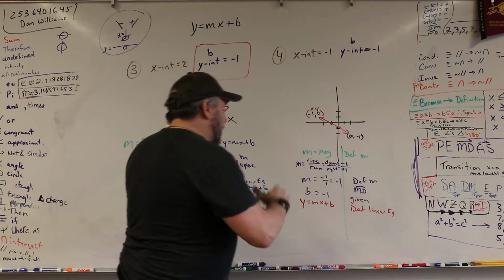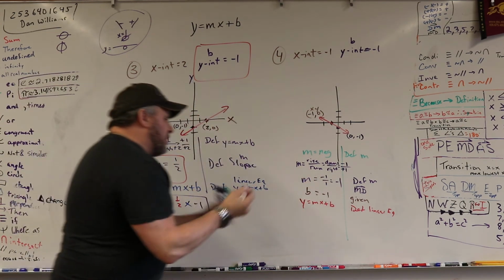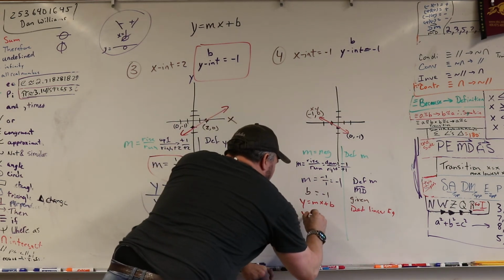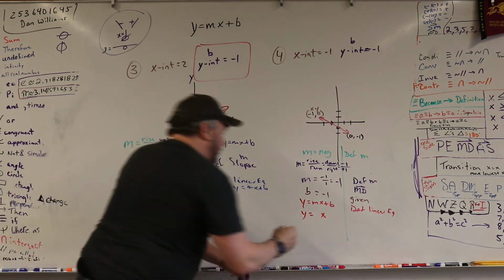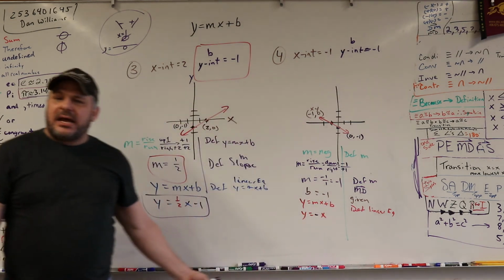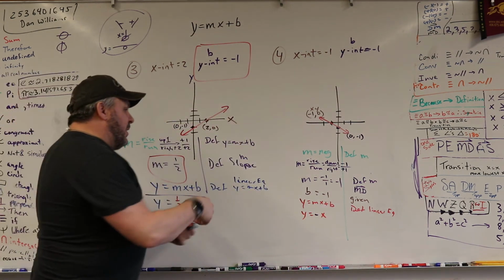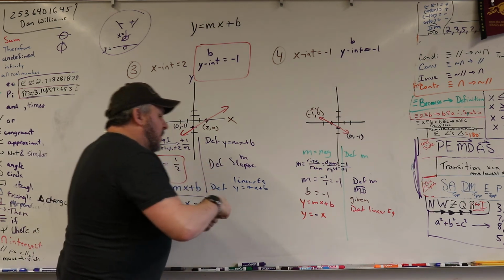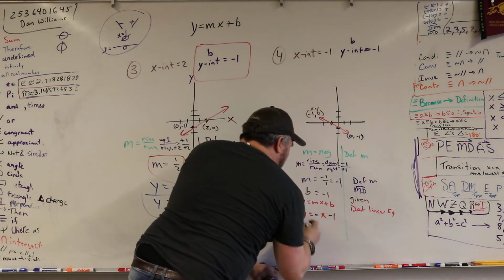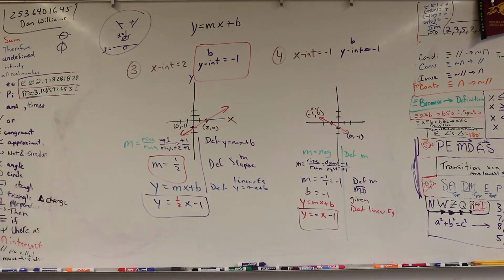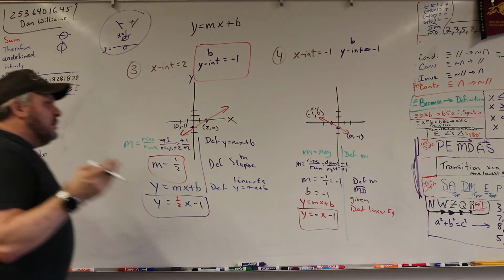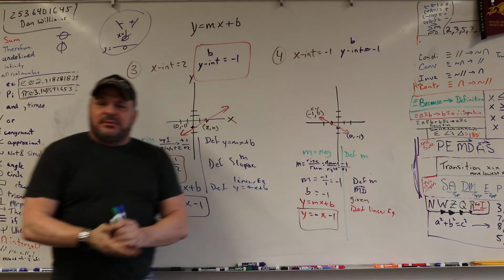Okay? Now, all I do is I plug in m. So I'm going to rewrite y =, and then just put in my m, which is -1, or negative x, right? And then put in my b, which is -1, so -1. And that is my equation. That's it. That's all we're asking for. Okay? But it's a lot.